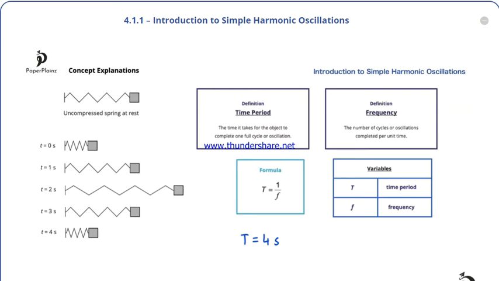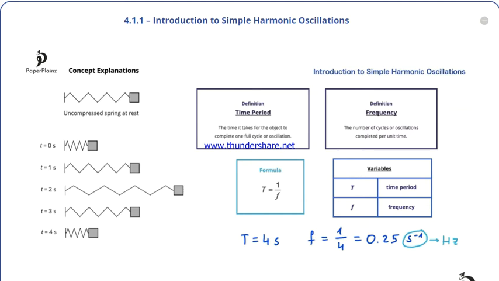Rearranging the formula above for frequency, we get f is equal to 1 over t, or 1 over 4 seconds. This is equal to 0.25, and since we are dividing by seconds, the unit is seconds to the power of -1, or per second. A unit that is more commonly used for frequency is the hertz.